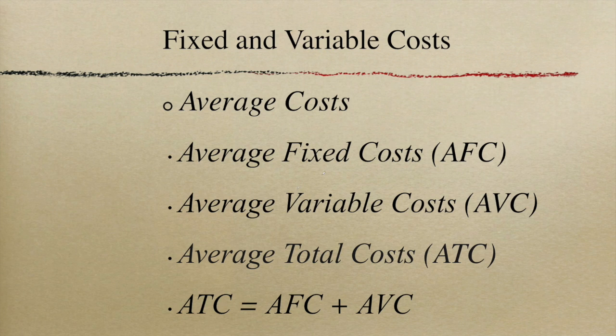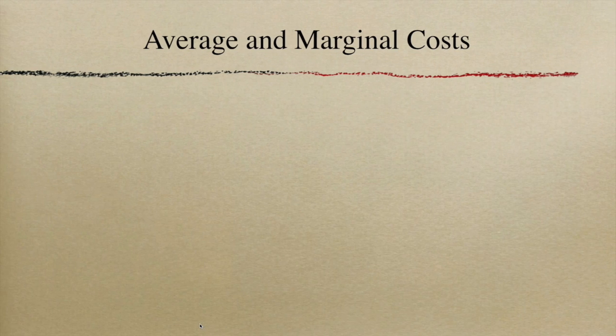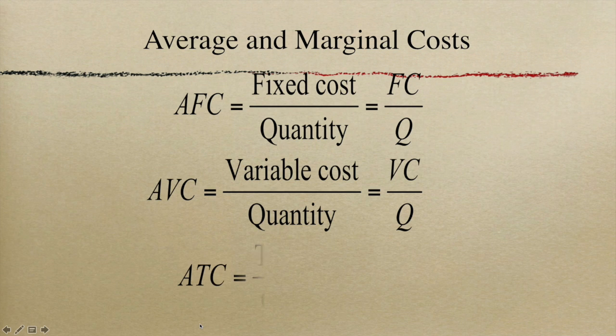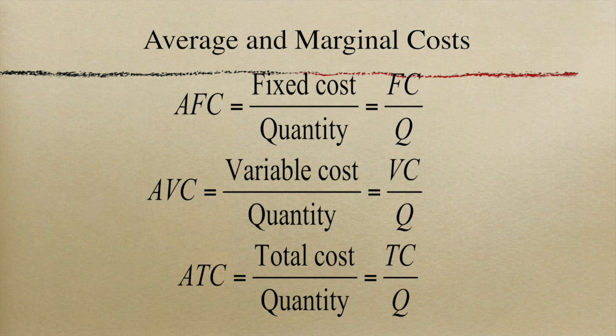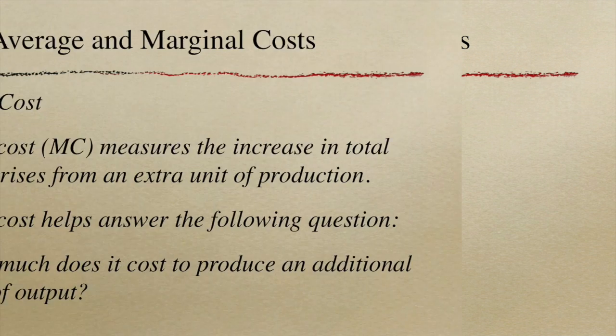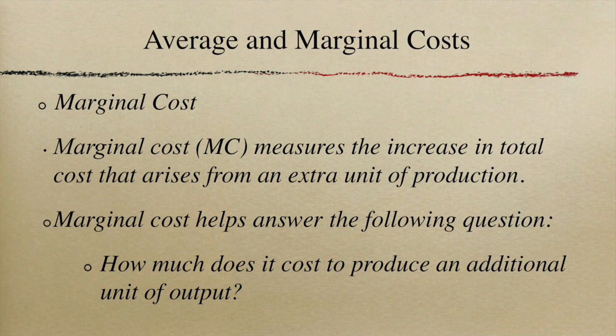Another way we can look at it is, since total cost equals fixed cost plus variable cost, average total cost also equals average fixed plus average variable. Average fixed is fixed cost over quantity, average variable is variable cost over quantity, and average total is total cost over quantity. Now, marginal cost is probably the most important cost.